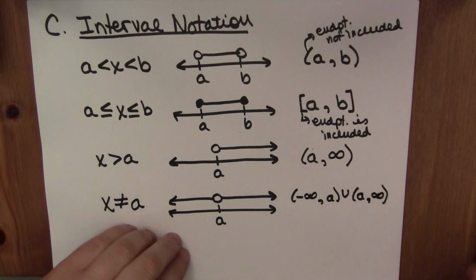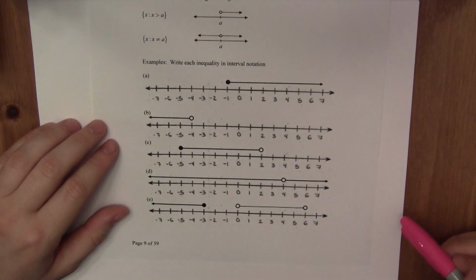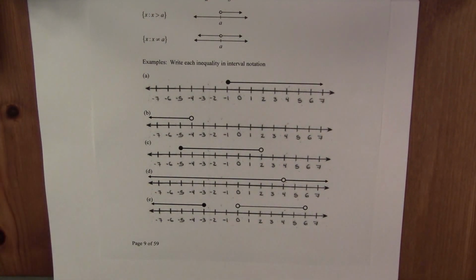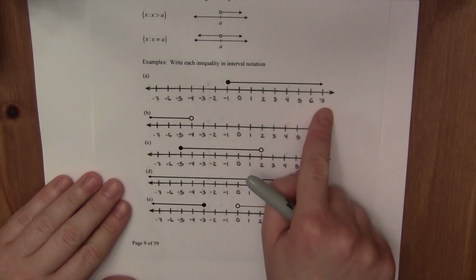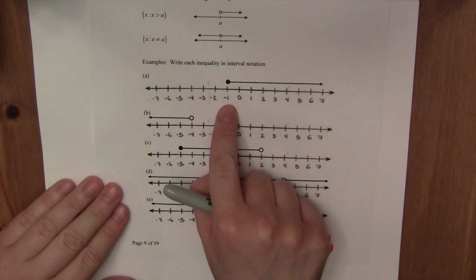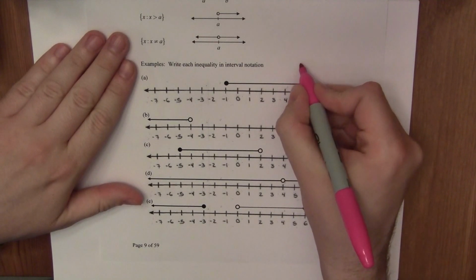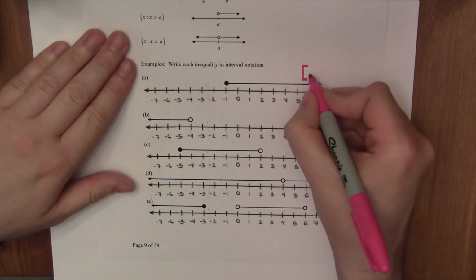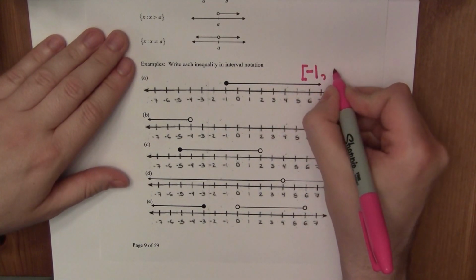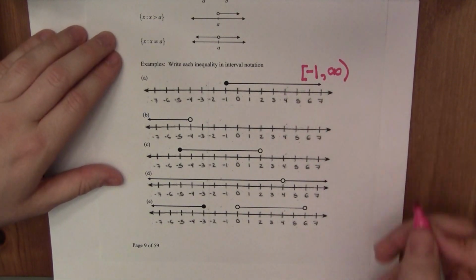Let's take a look at a few of these involving some numbers rather than just letters. In letter A, we have the inequality as given with a closed circle at -1, and we're going to the right. I would describe this in interval notation as, in brackets, -1 comma infinity with a parenthesis at the end.